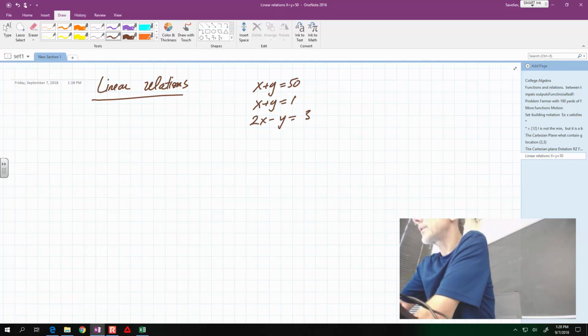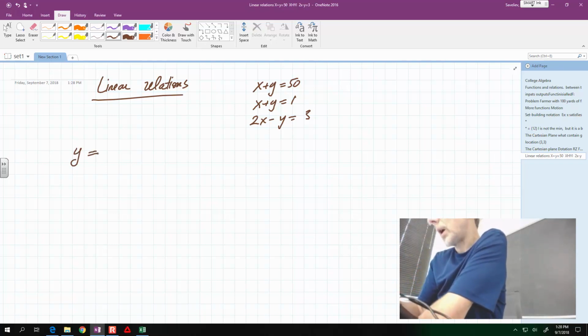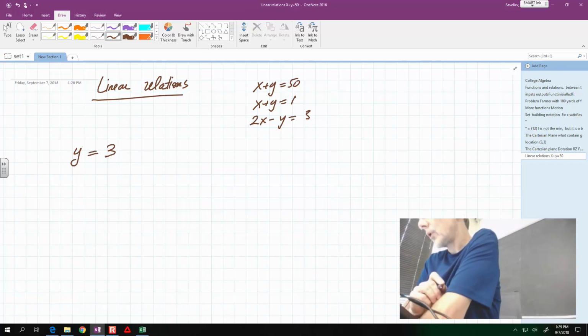All of these are linear relations, but there are simpler ones, and I think we will start with those. How about y is equal to 3? As you can see, there's no x present.